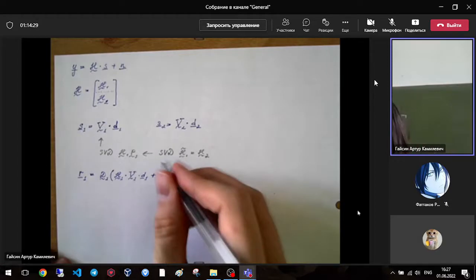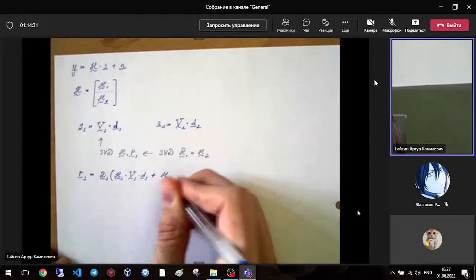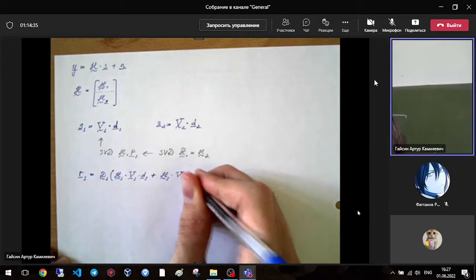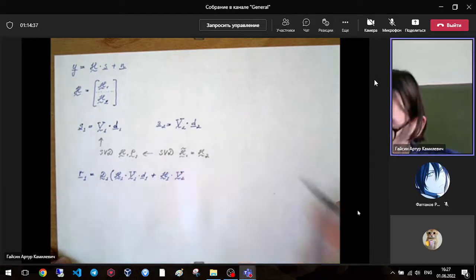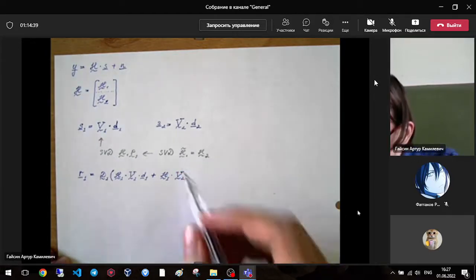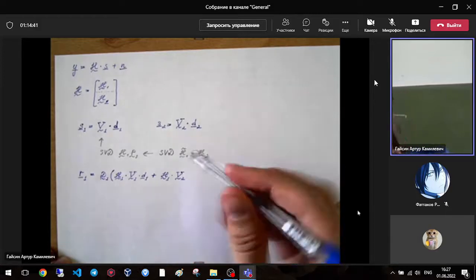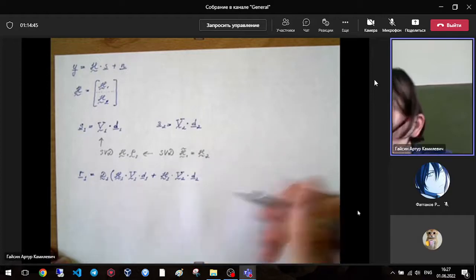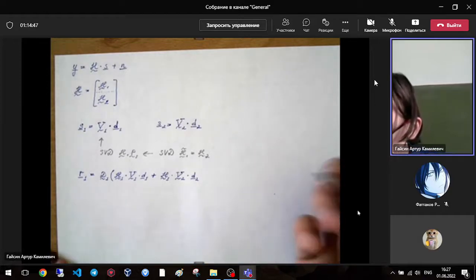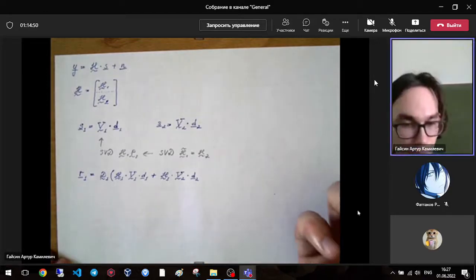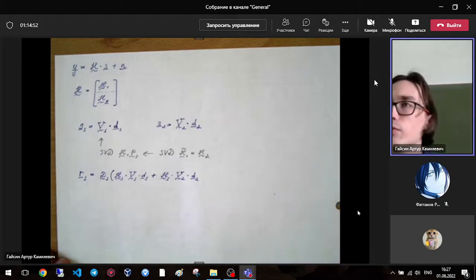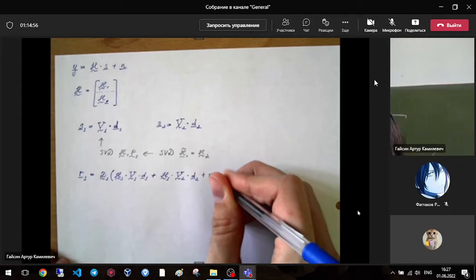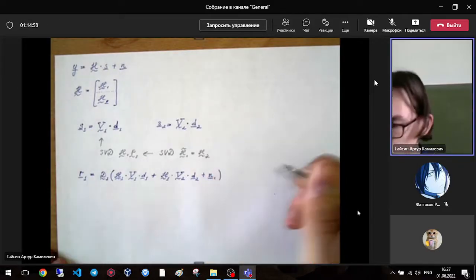So it will be also the same H1, but with the precoding matrix for the second user times transmitted data for the second user. And of course, here we receive some noise for the first user. So it is something like plus vector n1.